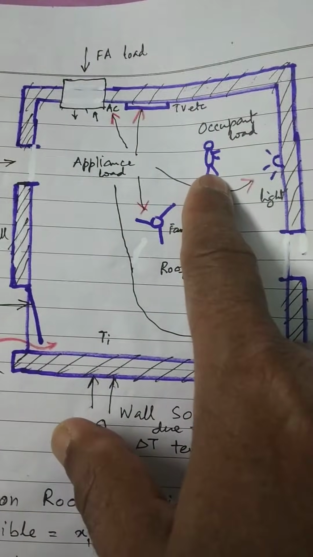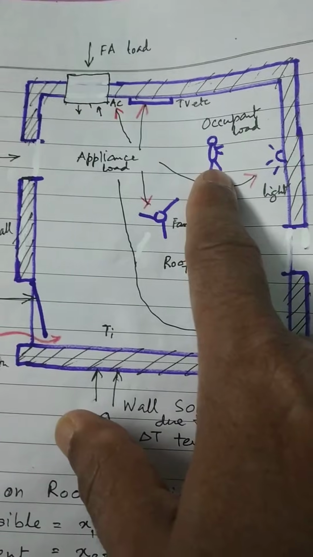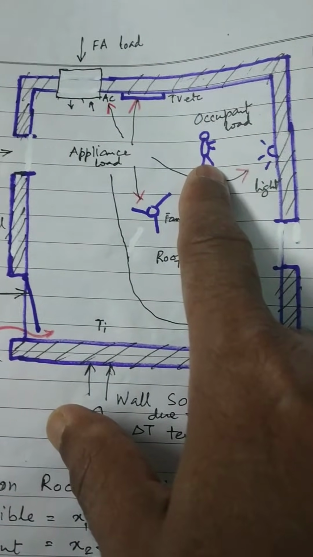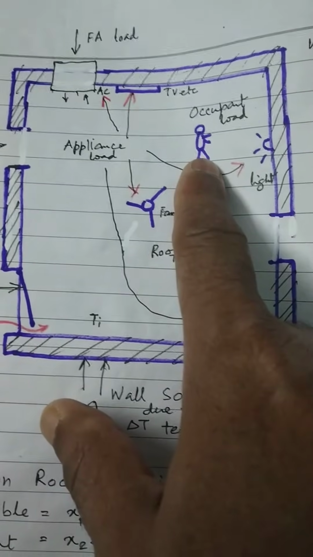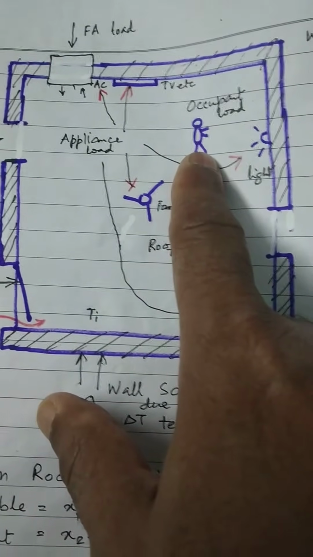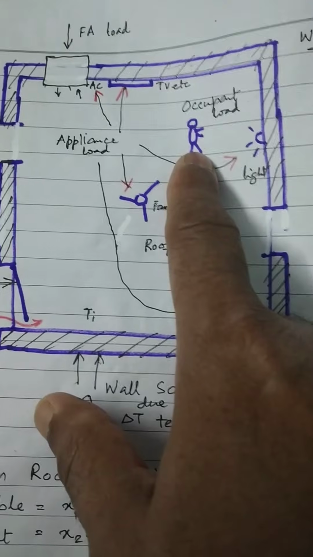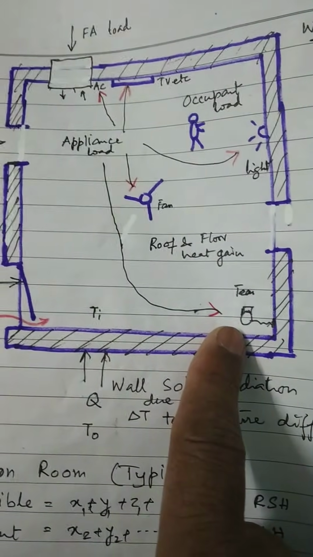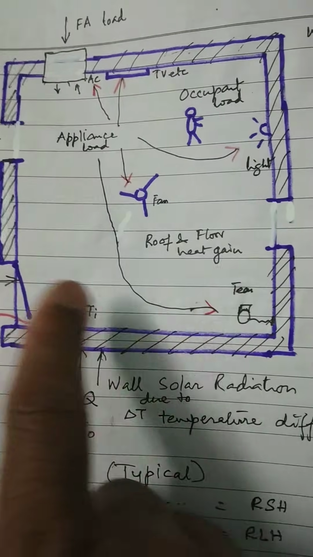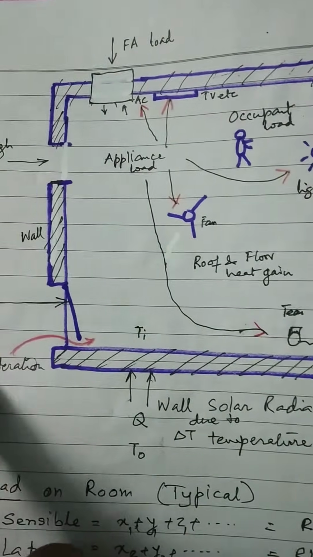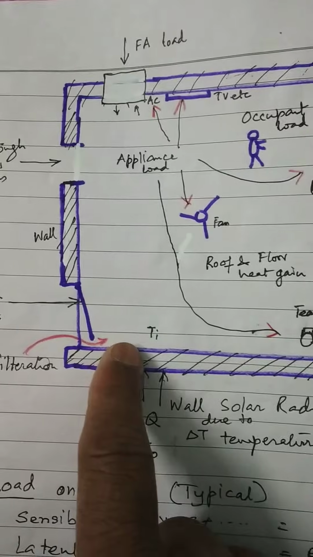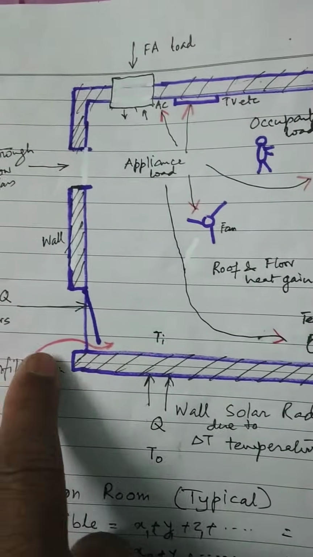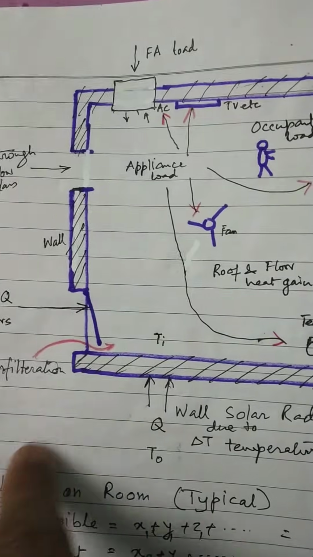The person which is here will always be exhaling air from his mouth and dissipating water vapor from his body. So a certain amount of humidity addition is there because of the occupant. The tea maker can also produce a certain amount of humidity which can be added inside this room, and the air which is coming from outside from fresh air or through infiltration will also be adding a certain amount of humidity coming from outside.